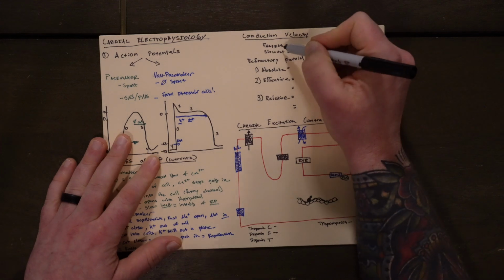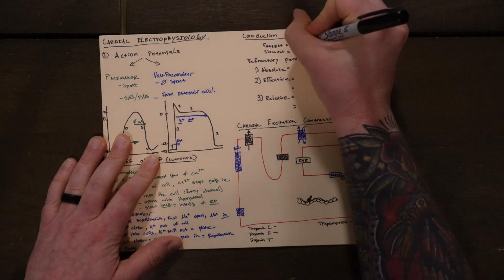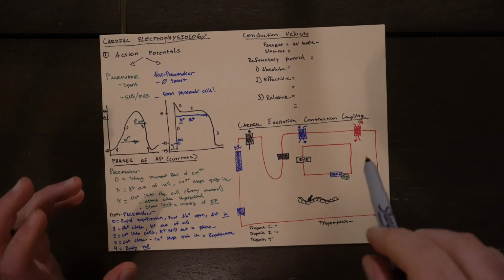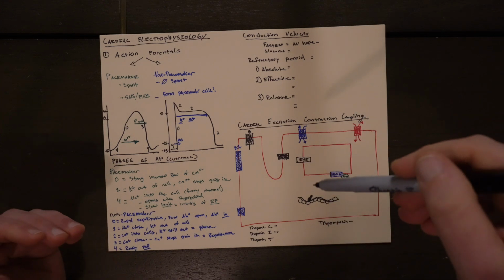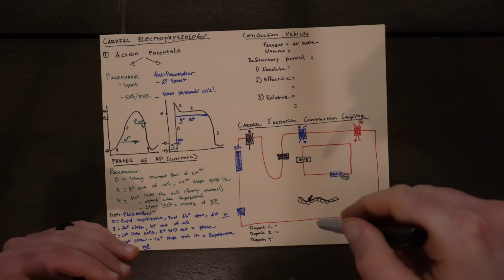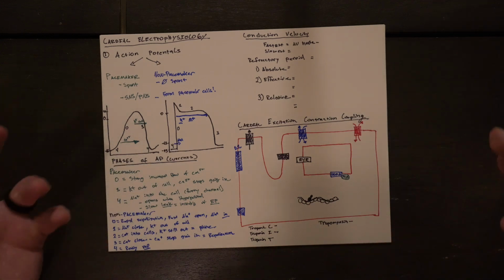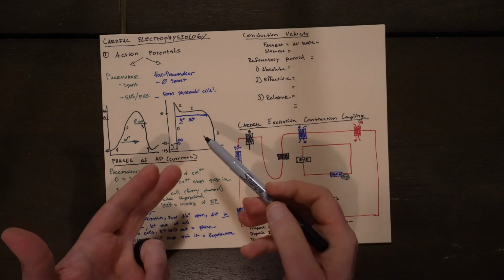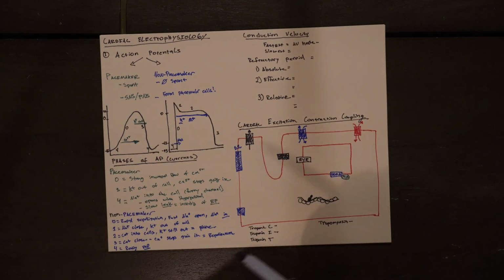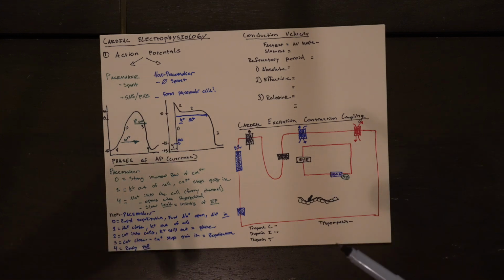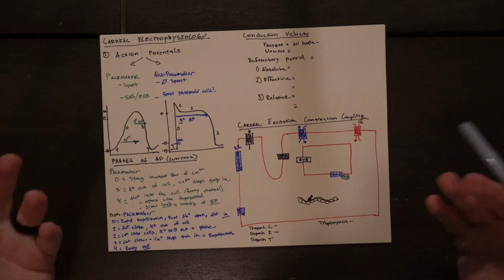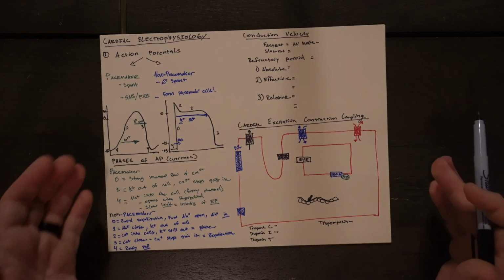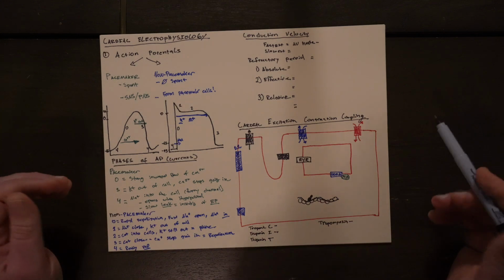So where is that conduction going to be the slowest? Well, that's going to be the AV node. And if you remember from our internal cardiac video, we were saying the AV node is responsible for slowing down the conduction from the atria to the ventricles, allowing for that excitation contraction coupling to happen so that you can have these non-pacemaker cells go through a full contraction cycle, relax, and have time to get out of the refractory period where they wouldn't be able to contract again with the stimulus, and be ready for the next time that pacemaker cell fires out another hit.